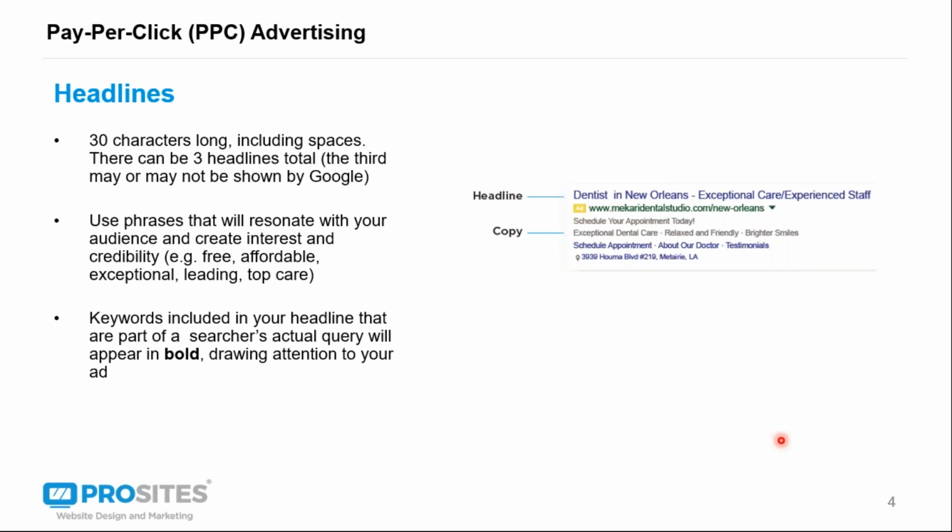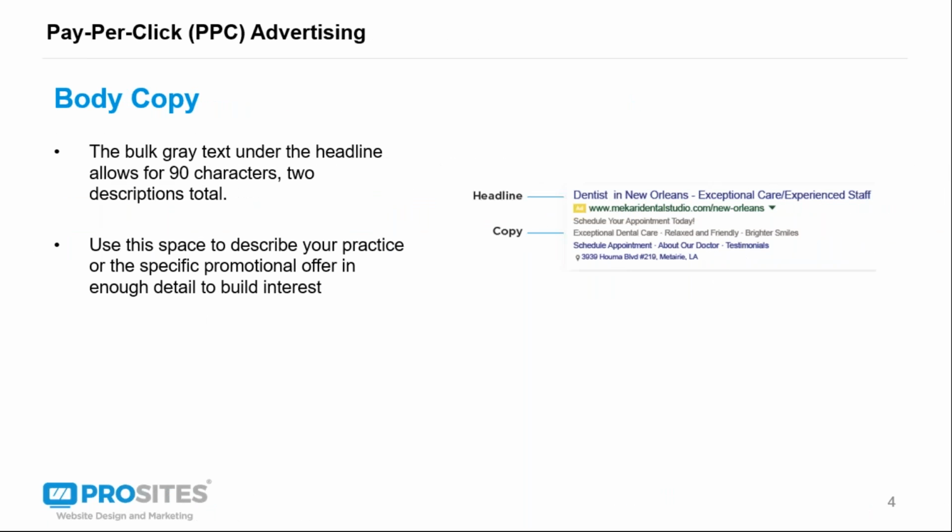You'll want to use phrases that resonate with your audience and create interest and credibility. So anything that says free, affordable, exceptional, leading, top care, anything like that. Just something that grabs their attention as people are searching. And then you'll also want to include keywords in your headline that are part of a searcher's actual question or query, because those will appear in bold, which will draw the user's attention to your ad.